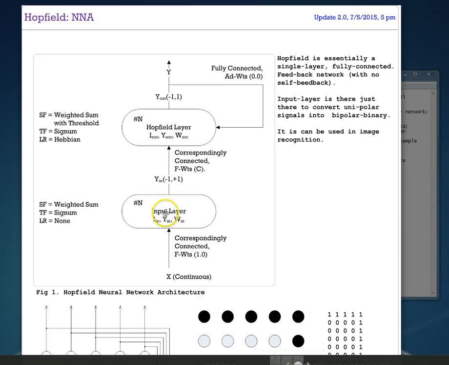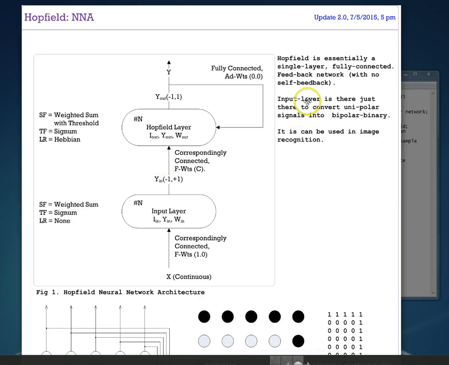The function of this input layer is to convert any kind of inputs into bipolar binary. And the output Hopfield layer is a fully connected feedback network with no self-feedback. Hopfield is essentially a single layer, fully connected feedback network with no self-feedback.